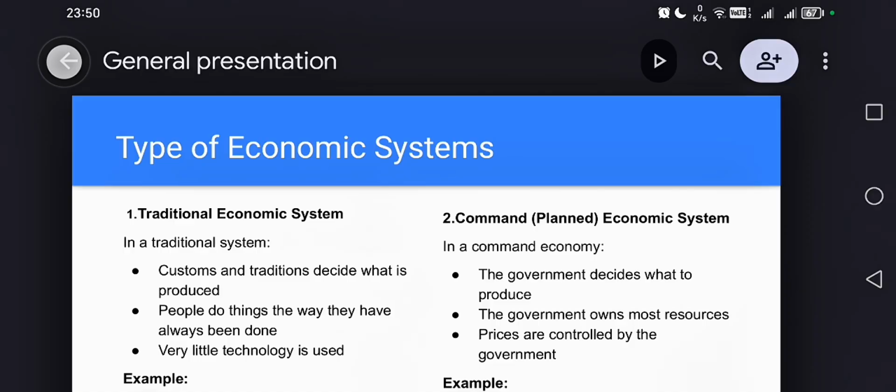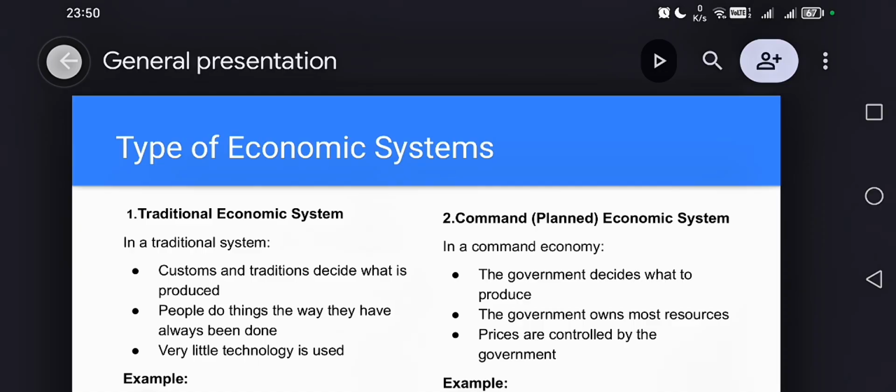Okay, and then this takes us to the command economy, which is government controlled. In this case, the government decides what to produce, how to produce it, and for whom to produce.